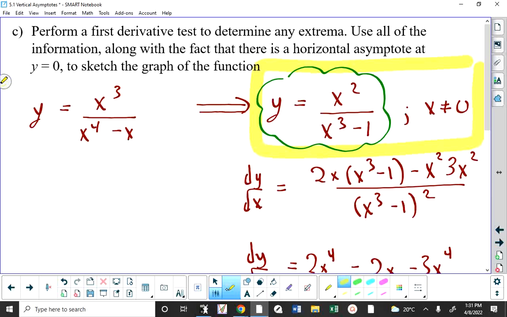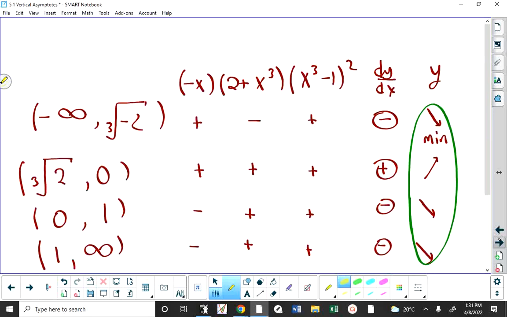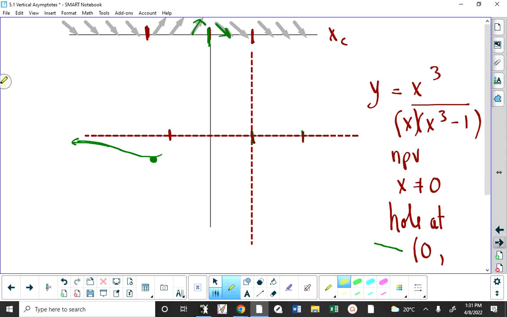And if you put 0 in for x in that, you're going to get 0 over negative 1, which is 0, which means, Liam, you might have said, there's a hole at the origin. Was that you? It was Evan. We've got not just a hole at x equals 0, very specifically, we have a hole at the origin. So there's a hole at 0, 0. We can put that in.